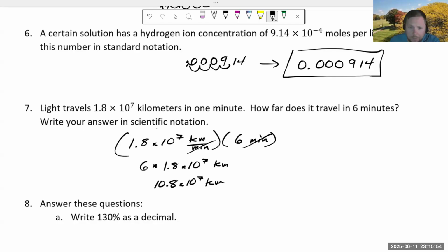Okay, and I need to move that 1 place. So I'm going to end up with 1.08 times 10. And since I am going from a big number, then that's going to increase the exponent. Since I moved it 1 place, it's going to increase it by 1. So it's going to be times 10 to the 8th.